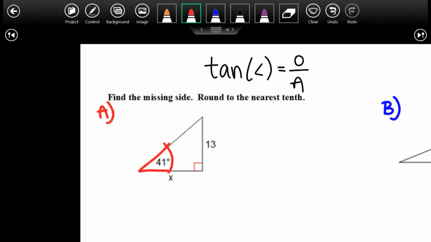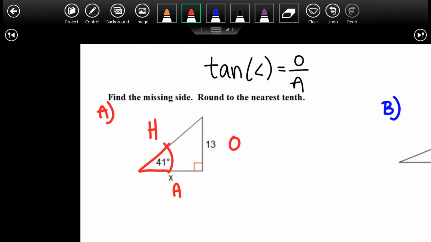What's x? A. What is 13? Opposite. That means the last side has to be the hypotenuse. I'm just trying to trick you so I can see if you're doing it that way. I want you to be able to get it. I would do the longest side first, then adjacent, then opposite.